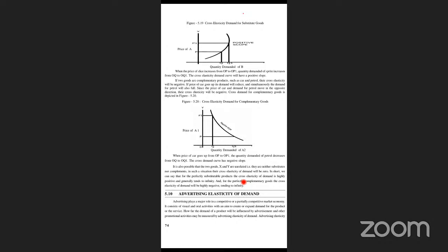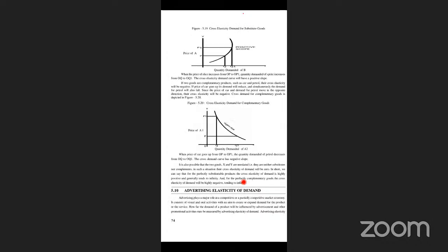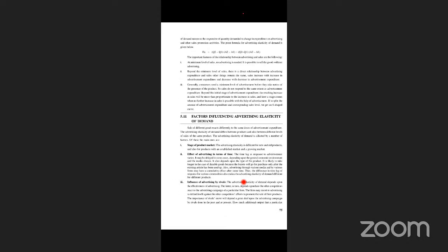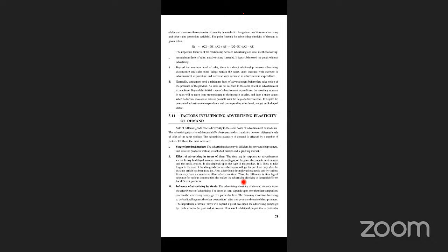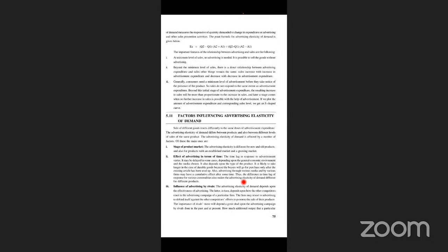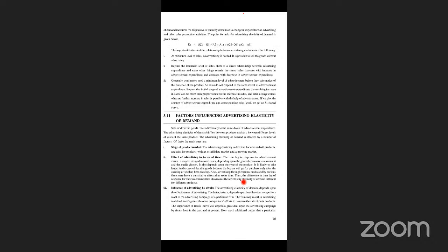Based on the advertisement's effectiveness, the demand for the quantity is calculated. So the advertising elasticity of demand measures the change in the quantities demanded because of the advertisement. And here the formula is given. It is just a mathematical expression: Q2 minus Q1 divided by Q2 plus Q1, over A2 minus A1 divided by A2 plus A1.